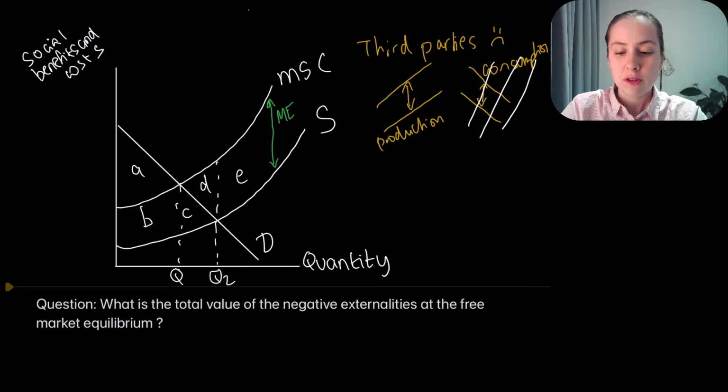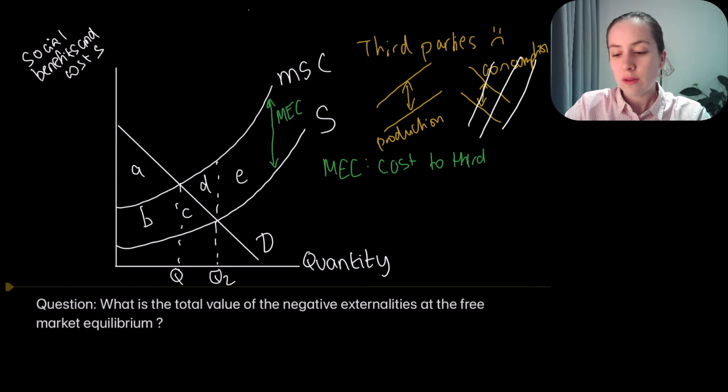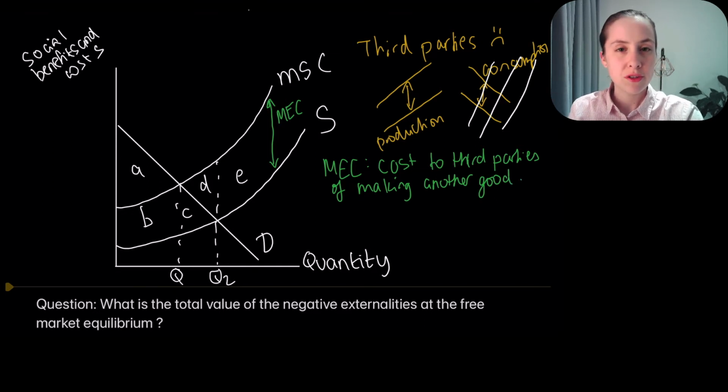For those who have been watching the videos, this is what we call the MEC. The MEC, marginal external cost, is the cost to third parties of making another good. The key word with what you've learned so far about externalities is that it only takes into account that unit, that other good.